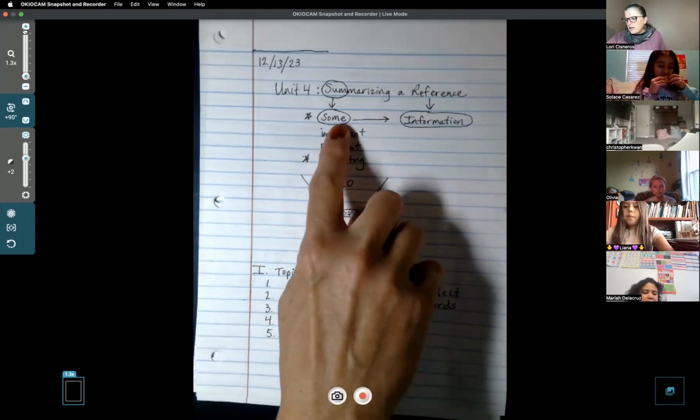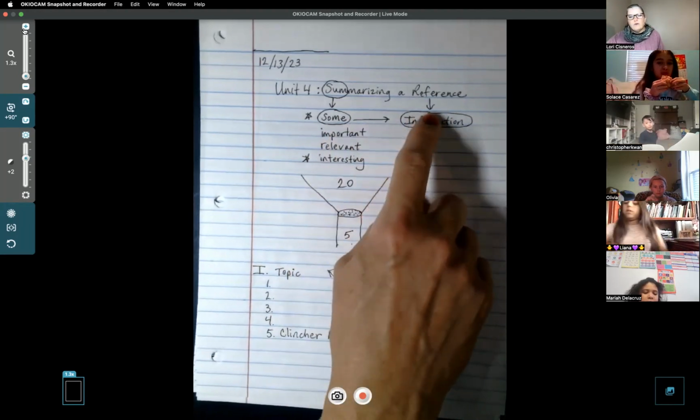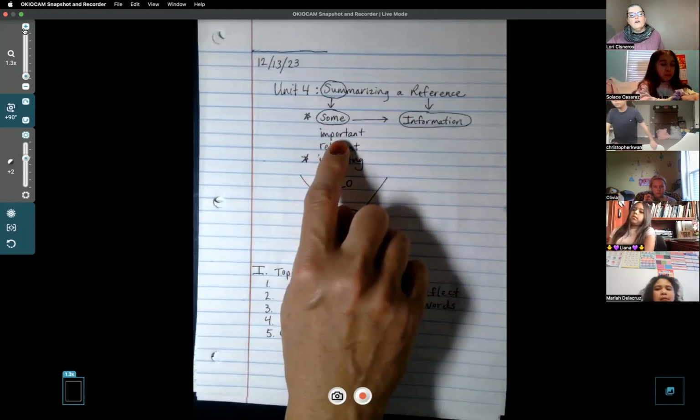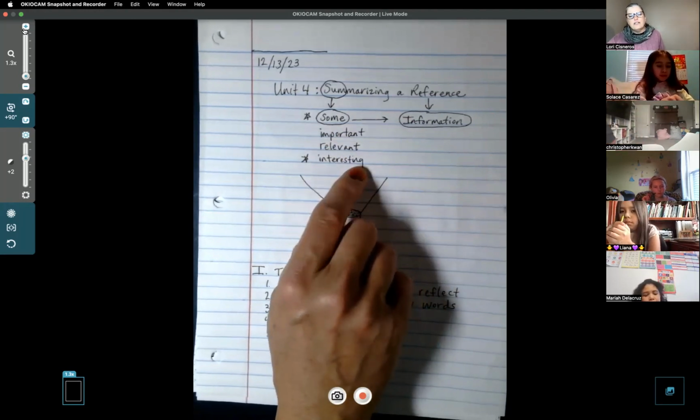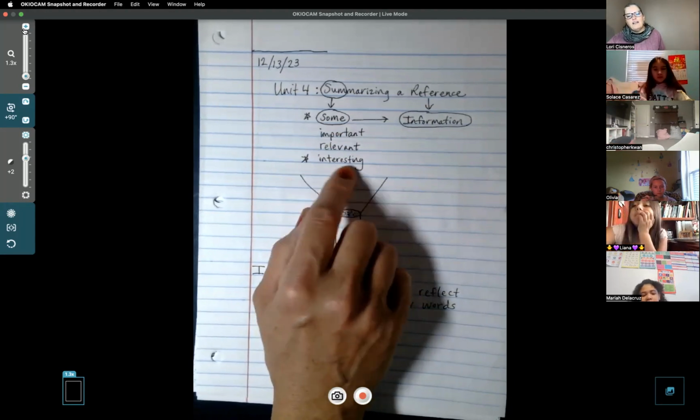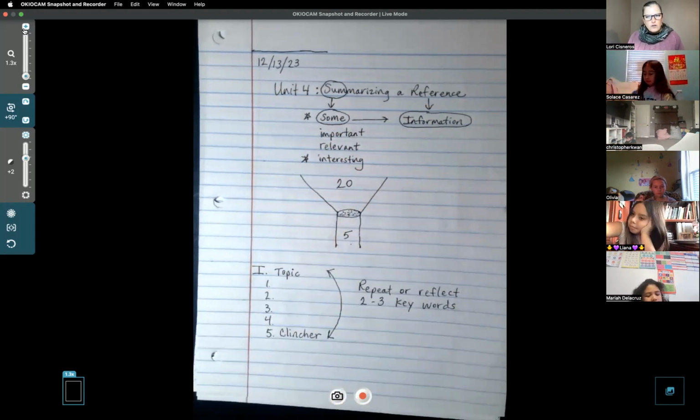And so we're telling some information. That's what reference means, okay? And then we look for things that are important or relevant or interesting. We put a star by interesting because if you think it's interesting, more than likely the person reading your report will think it's interesting too. So that's kind of a good rule of thumb when you're writing a report to pick interesting information.